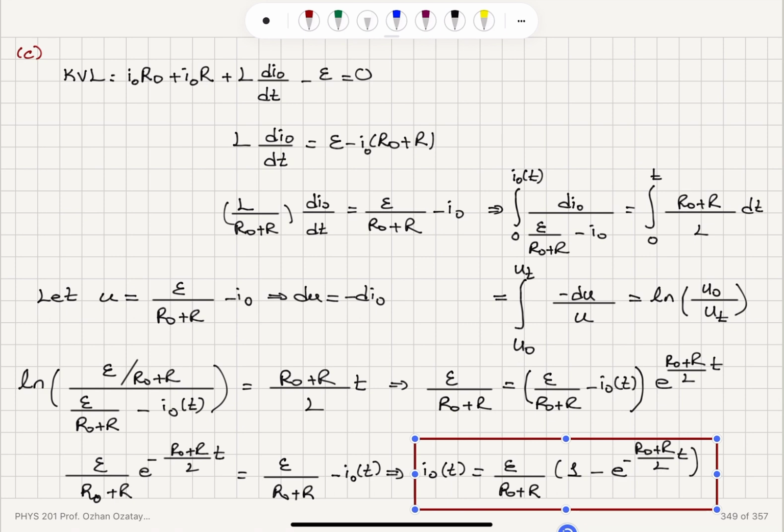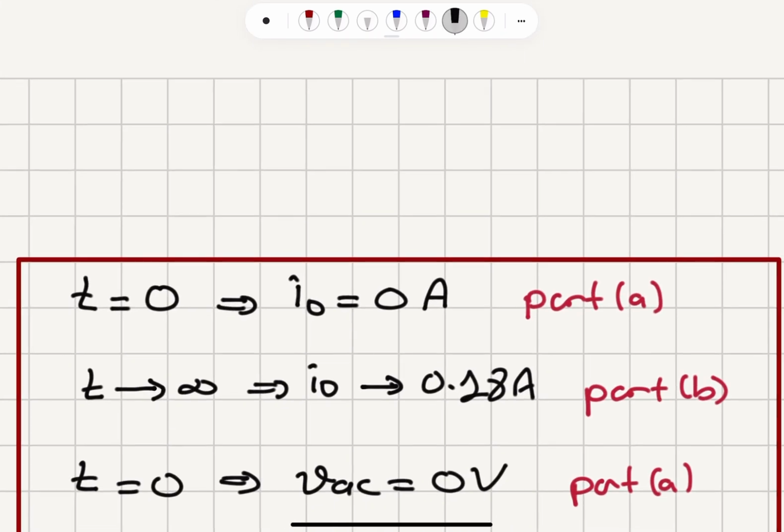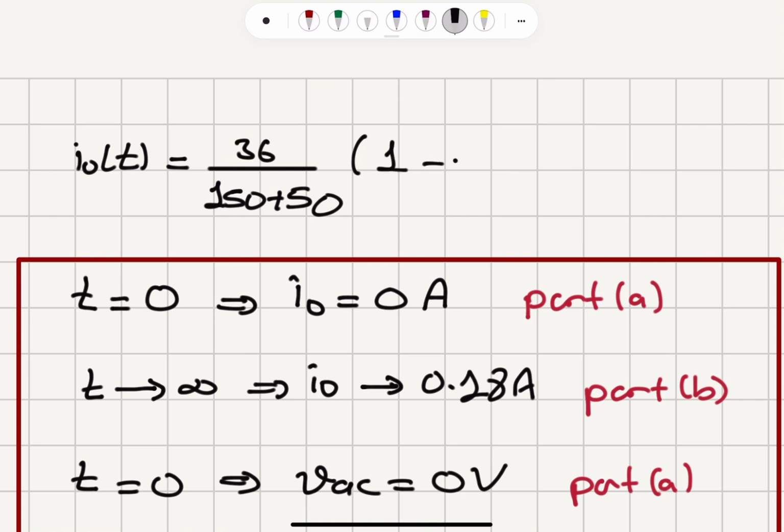If I plug in the numbers, for I0 of t, I will get 36 volts divided by 150 plus 50 ohms, times 1 minus e to the minus t, times R0 plus R, 200, divided by 4 henries.